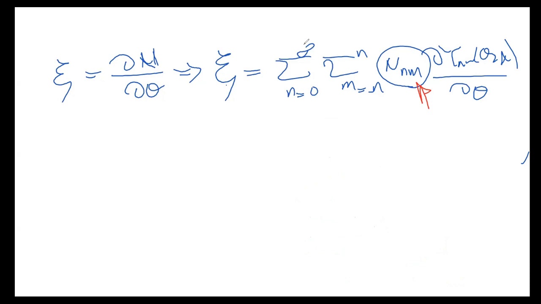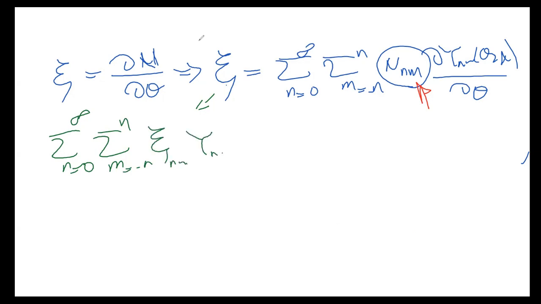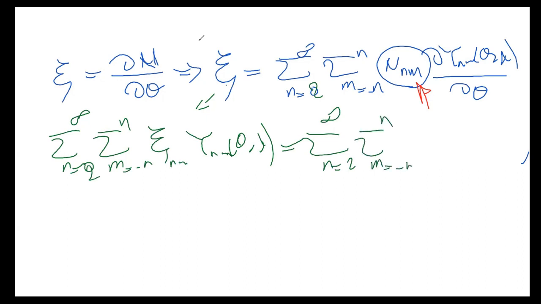I rewrite it this psi in spherical harmonics form, and we write C n m Y n m (theta, lambda), and then the sum over n, m of Y n m (theta, lambda).